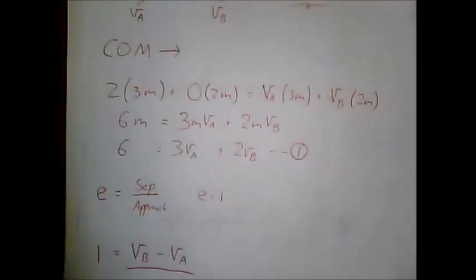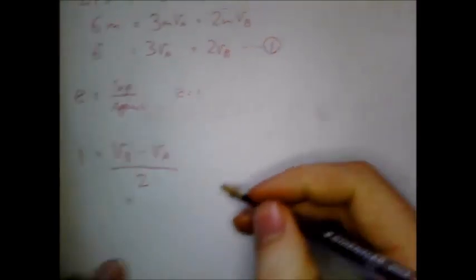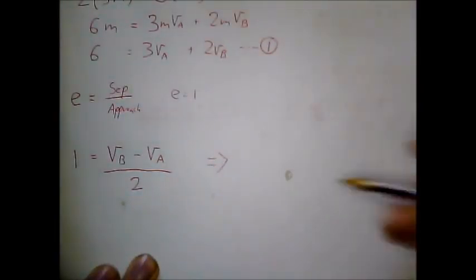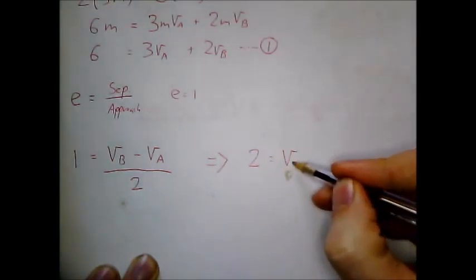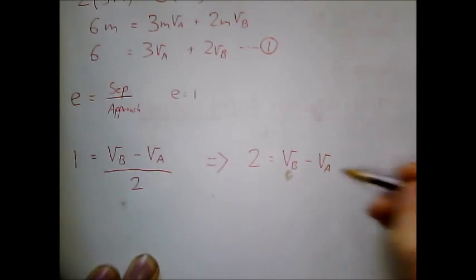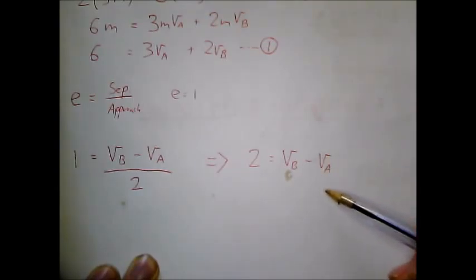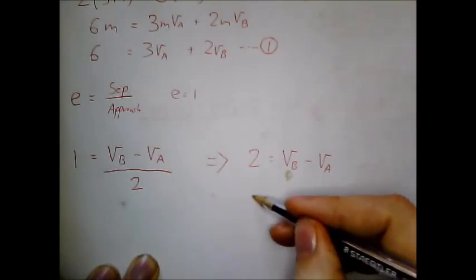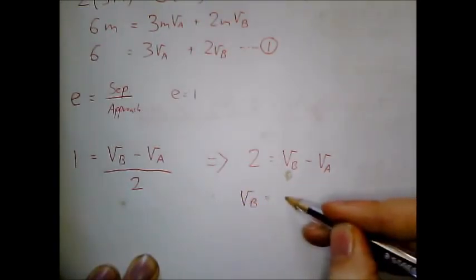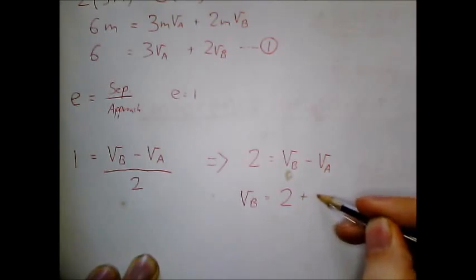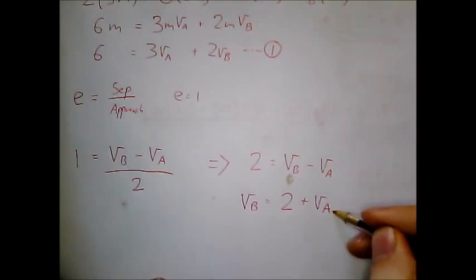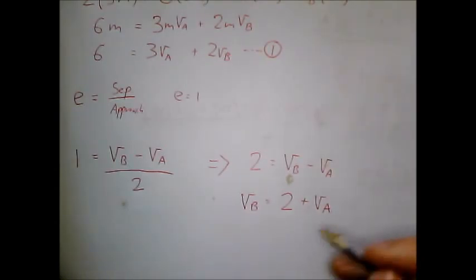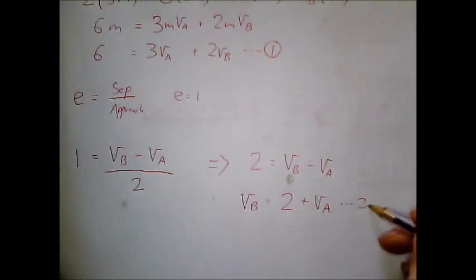Multiplying by 2, we've got 2 equals VB minus VA. Moving VA to the other side, VB is equal to 2 plus VA. We'll call this equation 2, and we can substitute it back into equation 1.